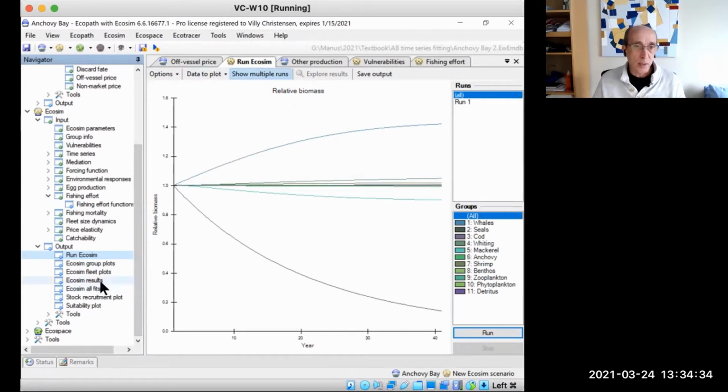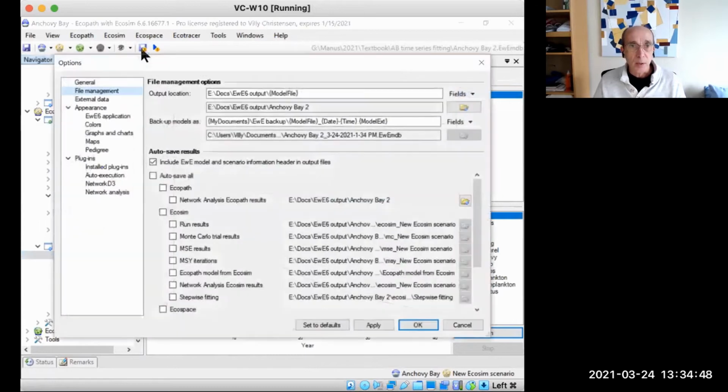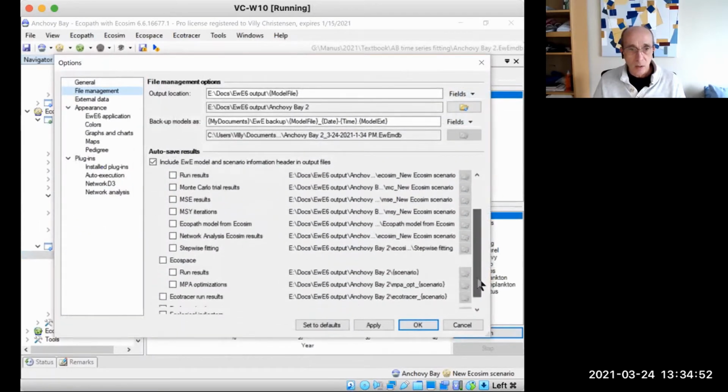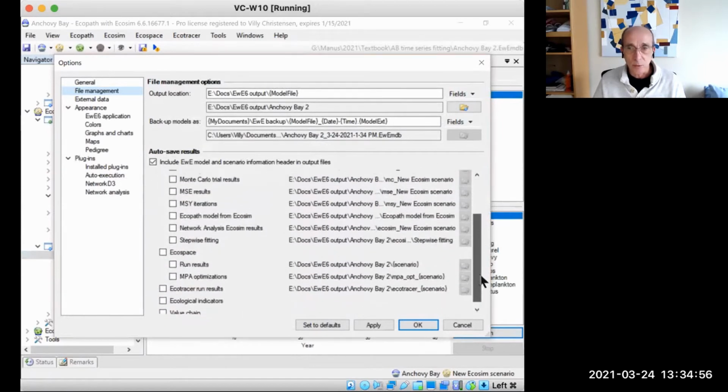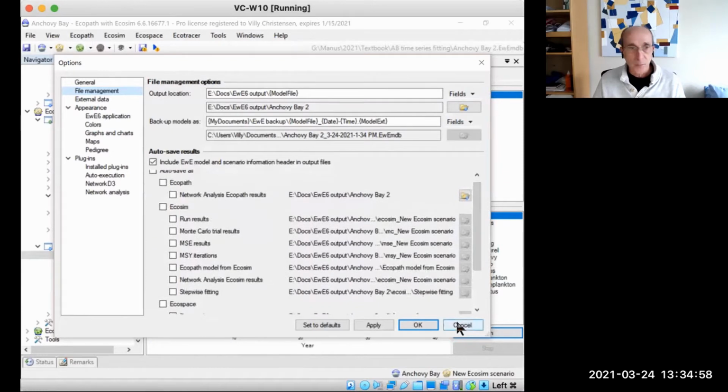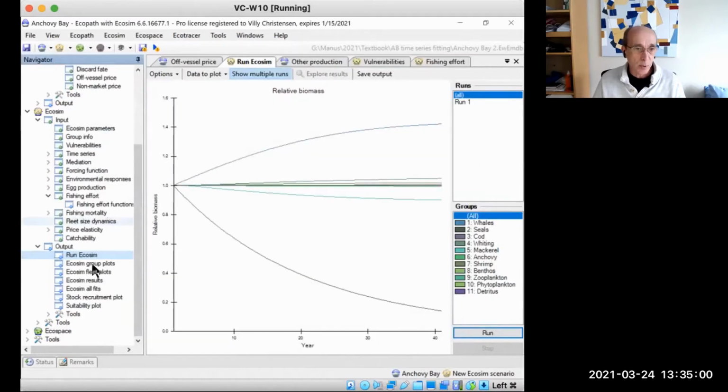But just to quickly get the results, of course we can get them if we go up here and take this little floppy disk. If you know what a floppy disk is, it's kind of a prehistoric thing from the age of dinosaurs or something like that. But it's a symbol for how we can set what we want to save.